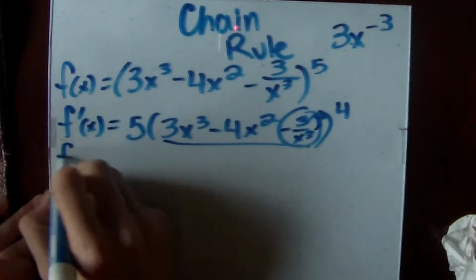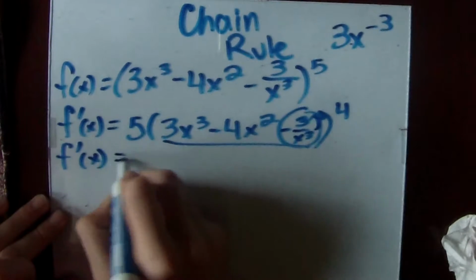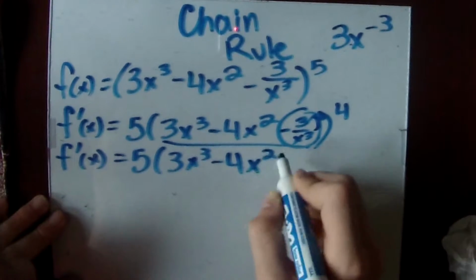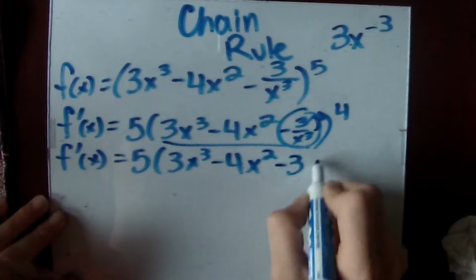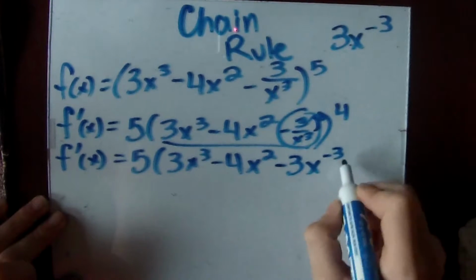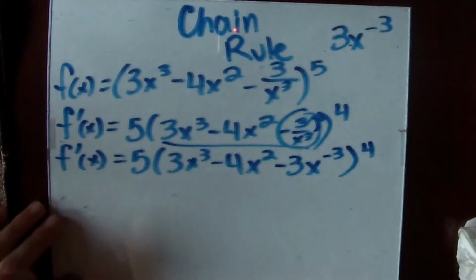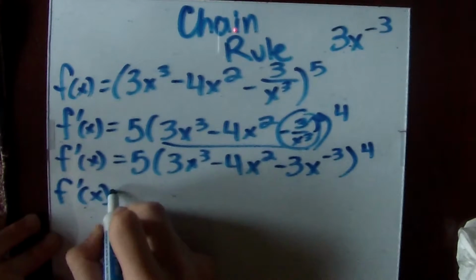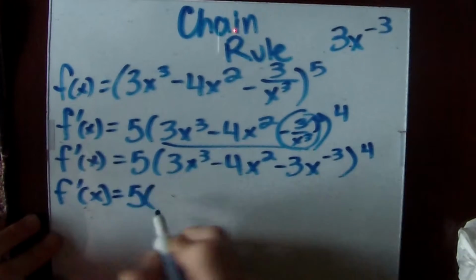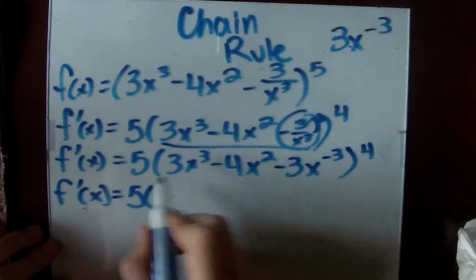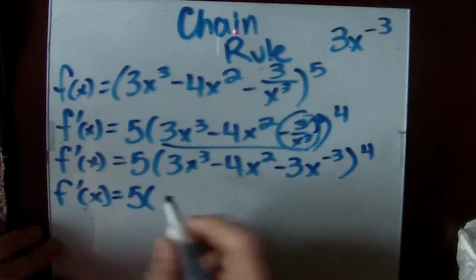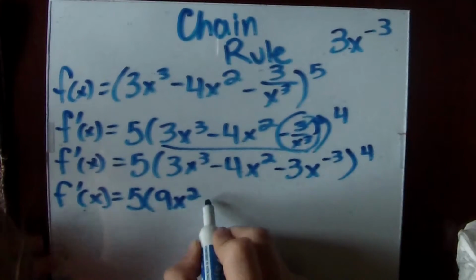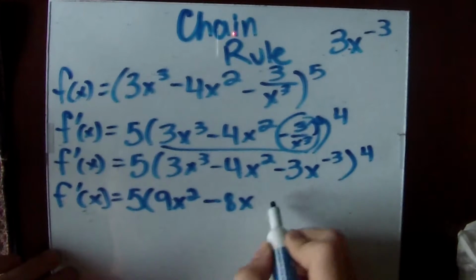So now we have f prime of x equals 5 times 3x cubed minus 4x squared minus 3x to the negative third, and that to the fourth. So now we can take the derivative of this function. So now it's going to be f prime of x equals 5 times the derivative of this function, which would be 9x squared minus 8x.